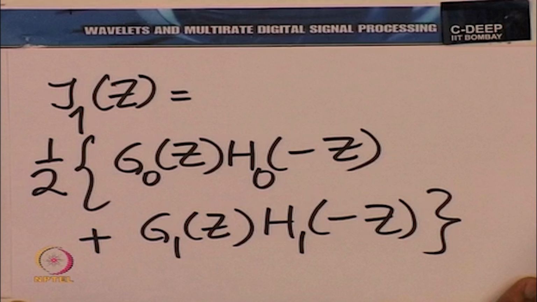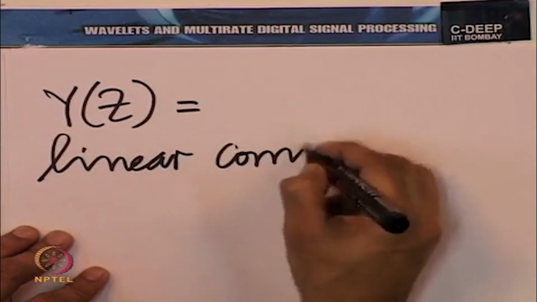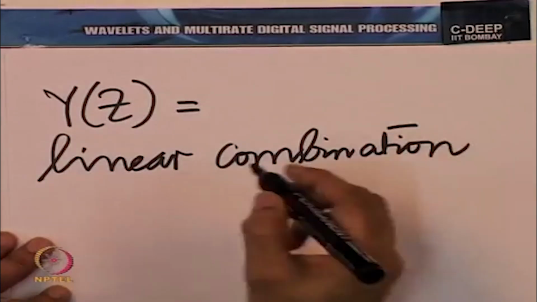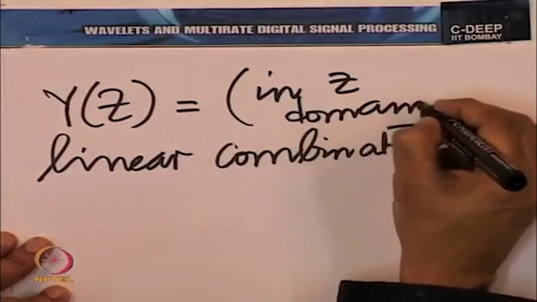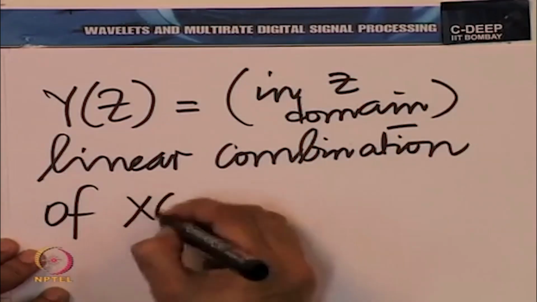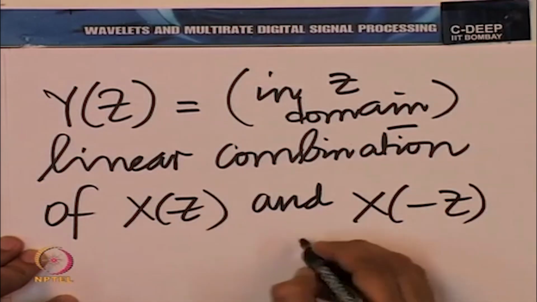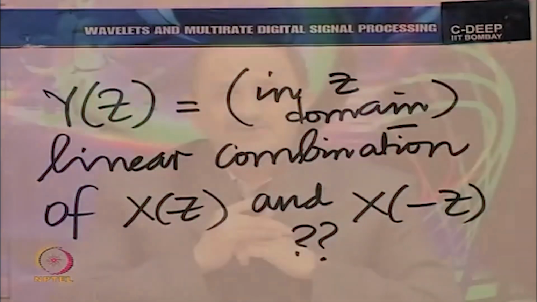So, Y(z) is a linear combination in the z domain of X(z) and X(-z). What does this mean? What do you mean linearly combining X(z) and X(-z)? You see, if the X(-z) term were not to be there, then we have a simple expression there.